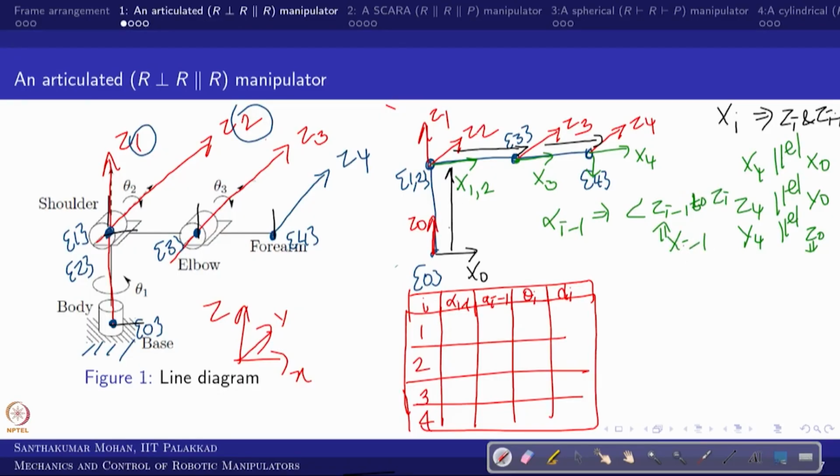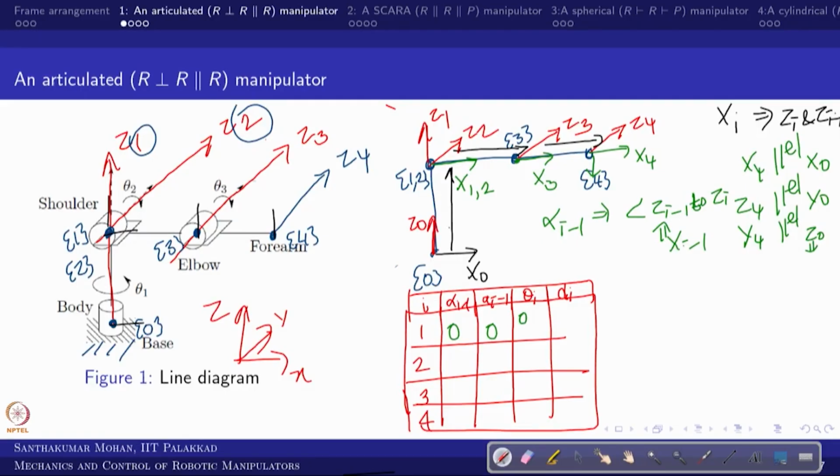So if you see here, is there any angle between z1 and z0 with respect to x0? No, right? Is there any distance along x0? No, right? But is there any angle between x0 and x1? Theoretically no, okay.